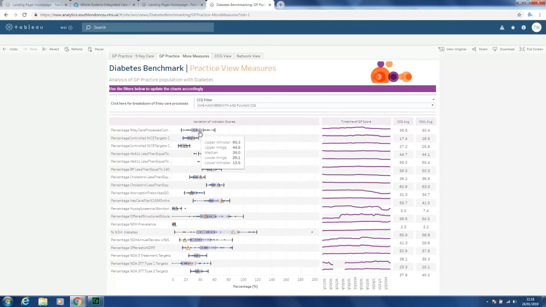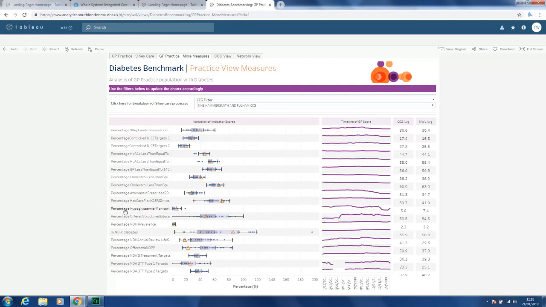So here we go, my practice here for key care processes, NICE targets: HbA1c less than or equal to 53 in newly diagnosed patients, HbA1c less than 58 in the last 15 months, blood pressure 140/80, cholesterol 4, cholesterol 5, percentage of patients on the appropriate atorvastatin dosage, 20 milligrams or more, which is the recommended NICE guideline.